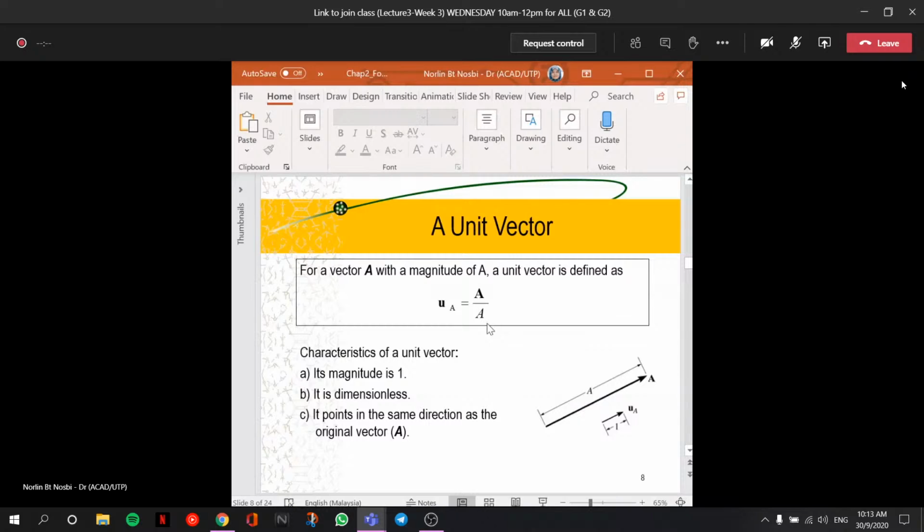The direction is the same as the original vector. Later, when we use this formula, you will know what the unit vector is. For now, you just memorize it: a unit vector is equal to the vector over the magnitude.